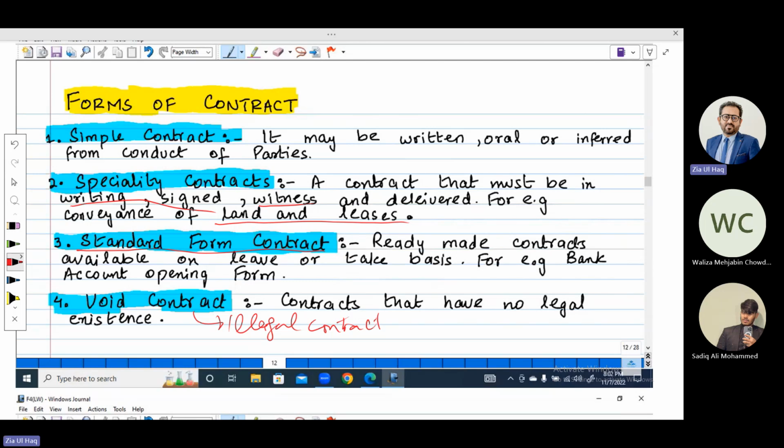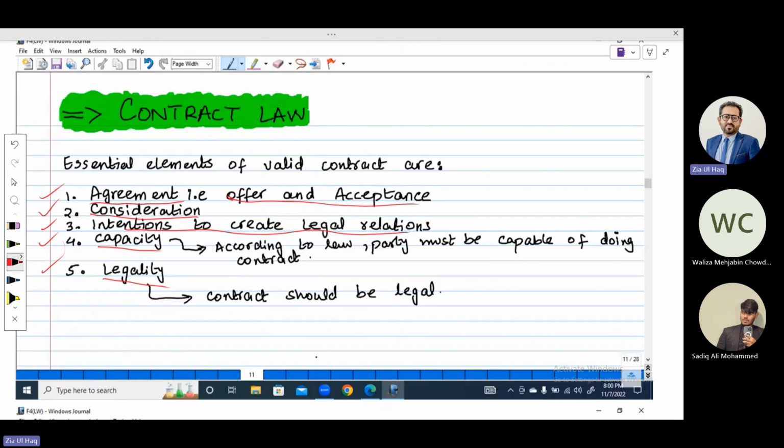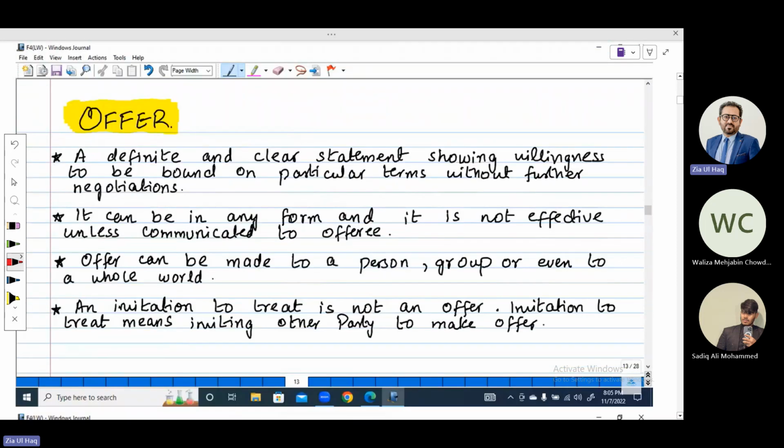So there are 4 types of contracts: simple, specialty, standard, and void. A contract is a written agreement between two willing parties. So there should be offer and acceptance. Let's discuss what is offer and what is acceptance.